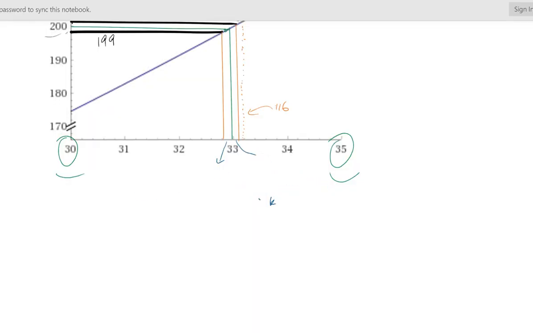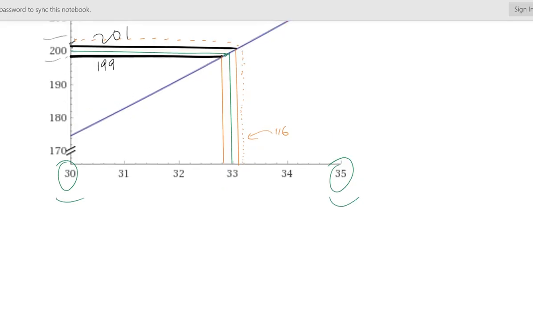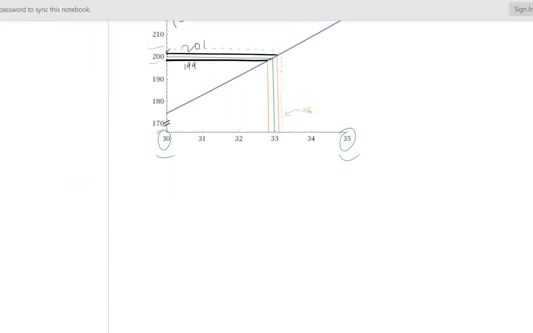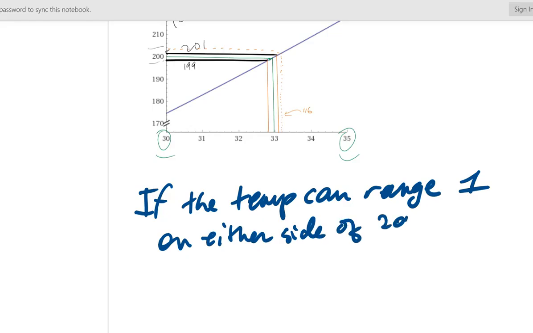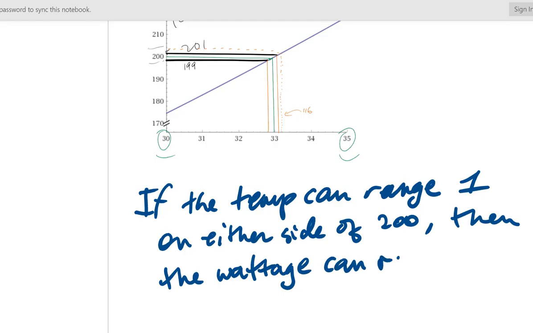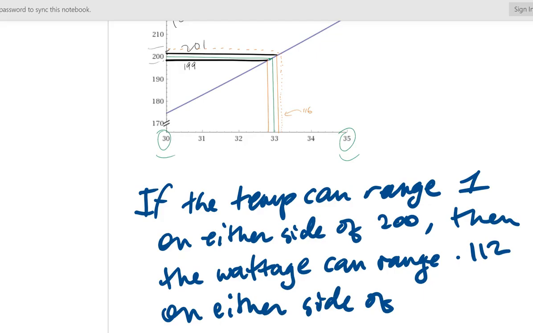It says, if the temperature can range 1 on either side of 200, then the wattage can range 0.112 on either side of 33.